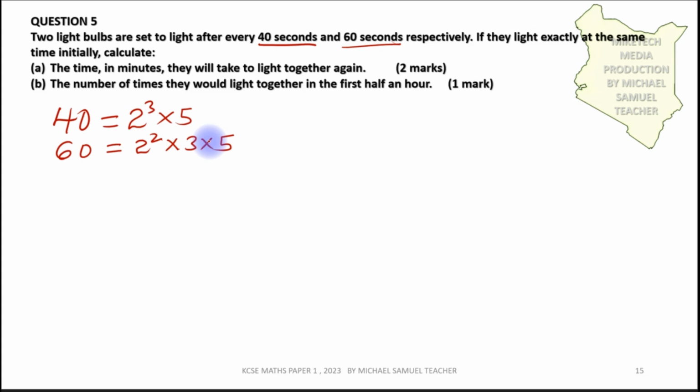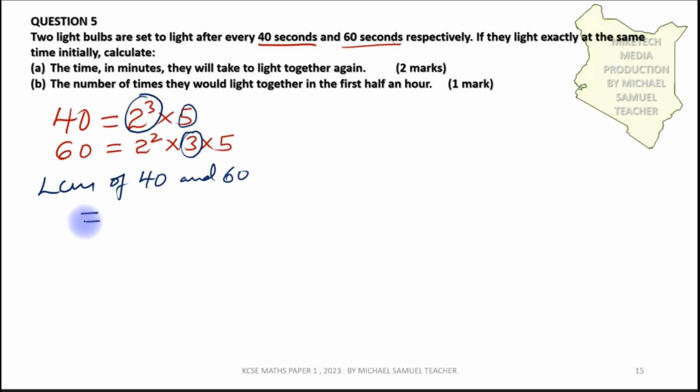So to get the LCM of 40 and 60, we are required to find the factors with the highest power. So in this, we have 2 raised to 3. Then we also have 3. And also there is 5 again.